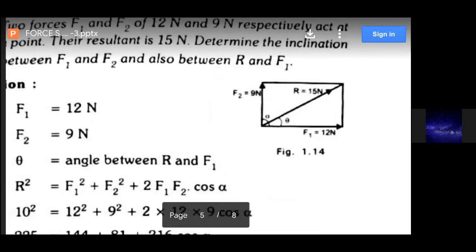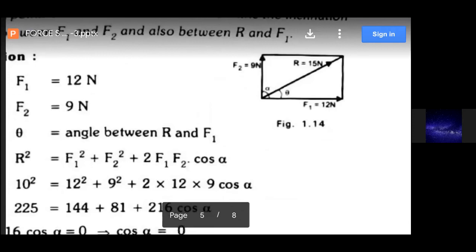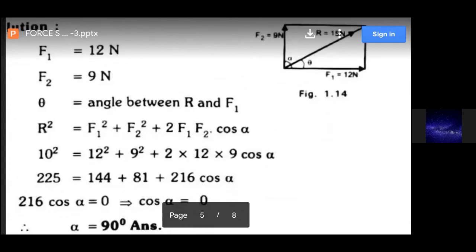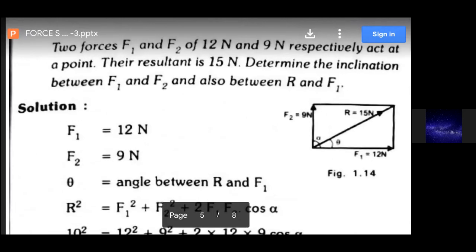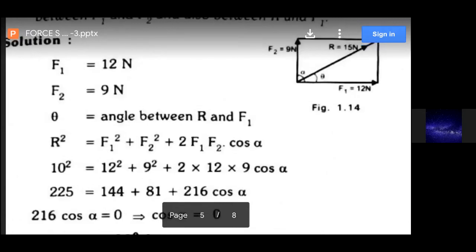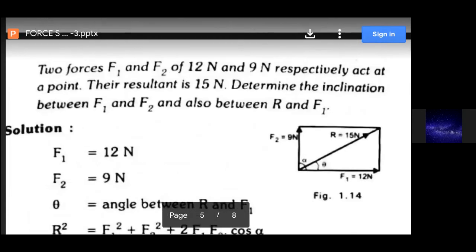According to the parallelogram law method, R square is equal to F1 square plus F2 square plus 2 F1 F2 cos alpha. And the R value is 15 Newton. So just substitute F1 as 12, F2 as 9 and R as 15.